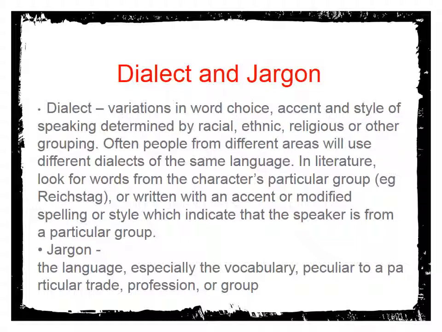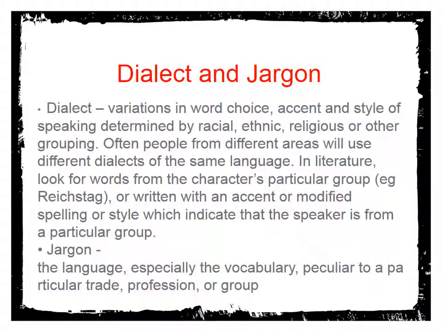Someone who lives in New South Wales may choose different words for common things than someone in South Australia. In literature, we look for words from the character's particular group. So if you're looking at the way Nazis are speaking, look out for words like Reichstag or Führer or Jawohl that are written with an accent or modified spelling or style which indicate that the speaker is from that particular group.